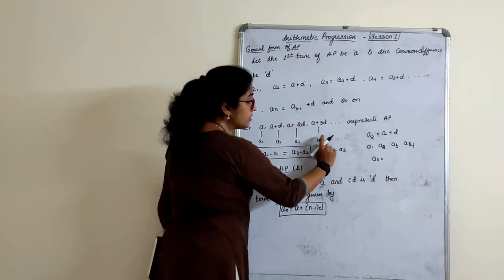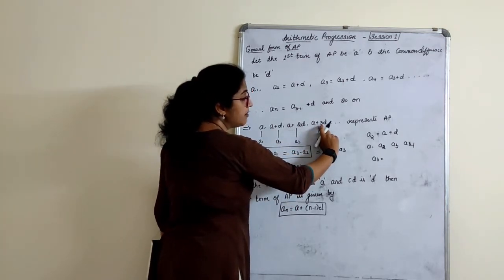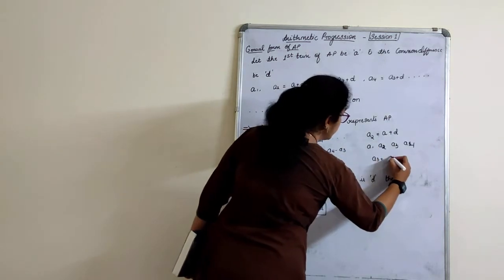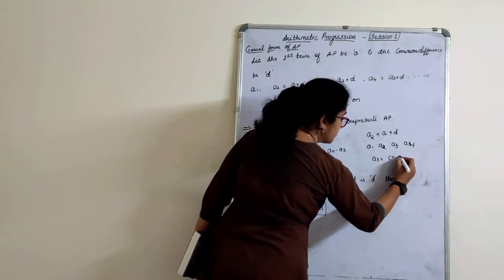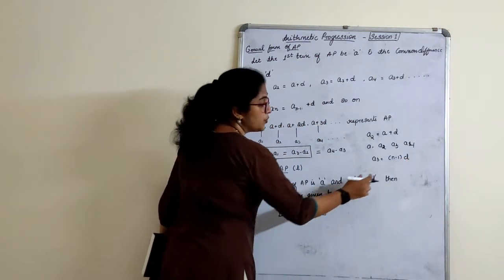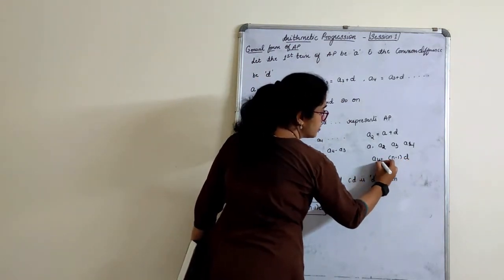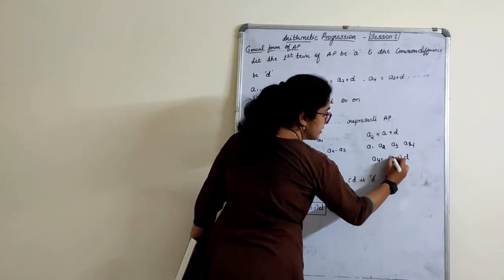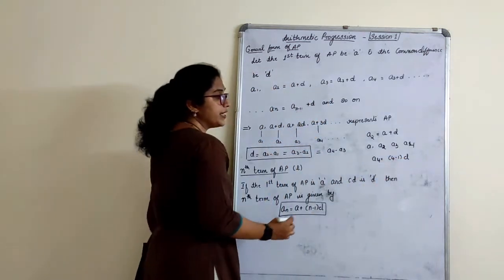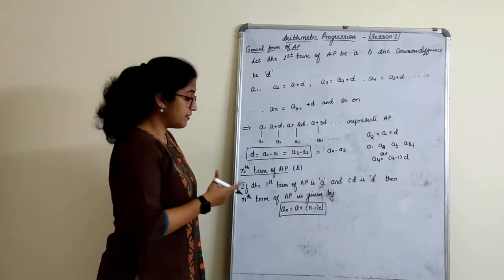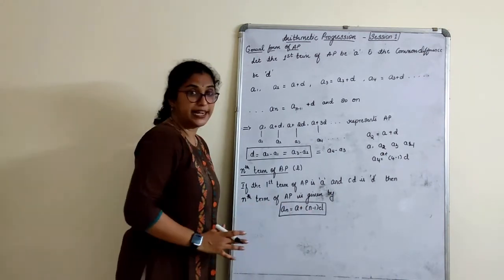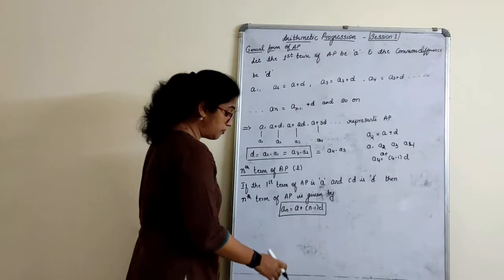See, this is the fourth term, but the fourth term is n minus 1, that is nothing but n minus 1 of d. Which one do I want? I want the fourth term here. So what is this n? n is here 4. 4 minus 1, what do we get? a plus 3d. So the nth term is given in terms of a plus (n minus 1) of d. Right? This is the formula.